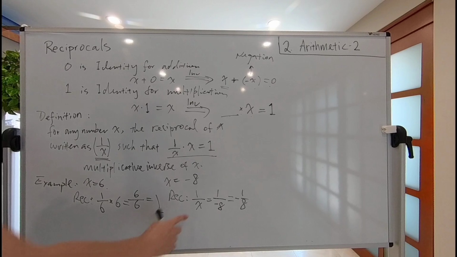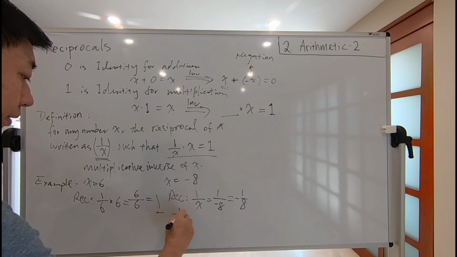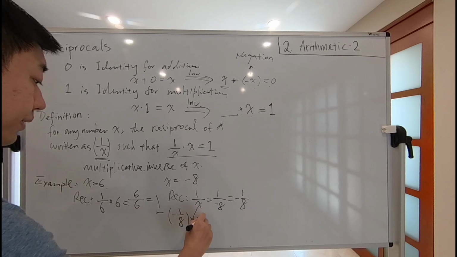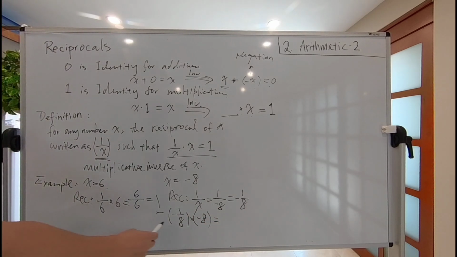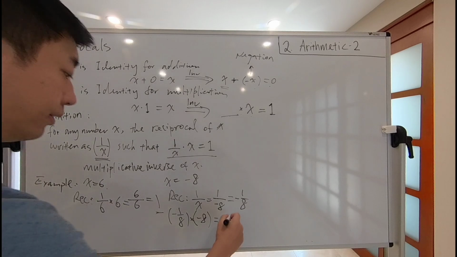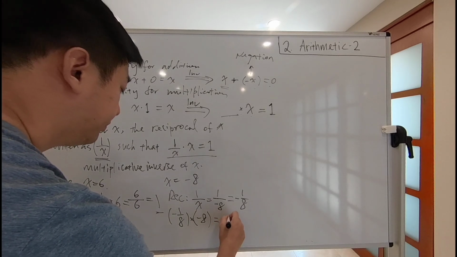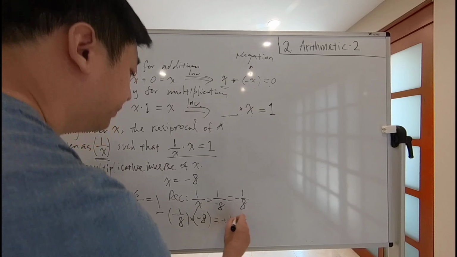Now let's verify if this is really a reciprocal. To verify, we multiply the reciprocal back with the number itself. Remember, we learned the signs in multiplication, right? If both are negative, it will become positive. So, 1 over 8 times 8.